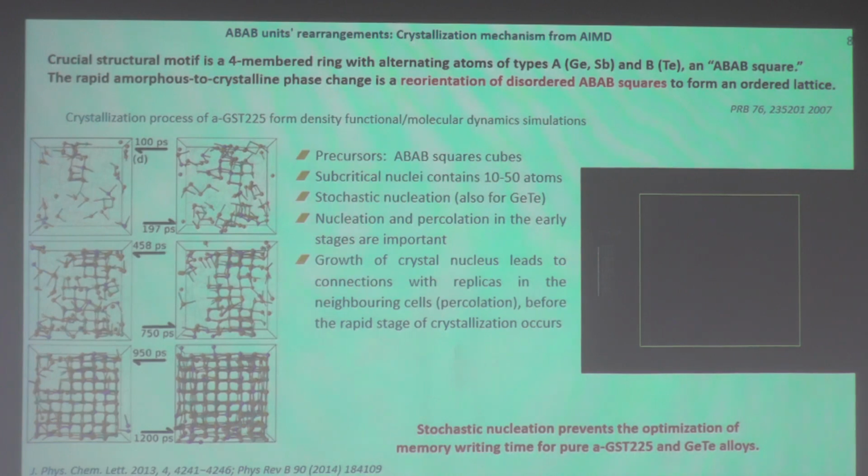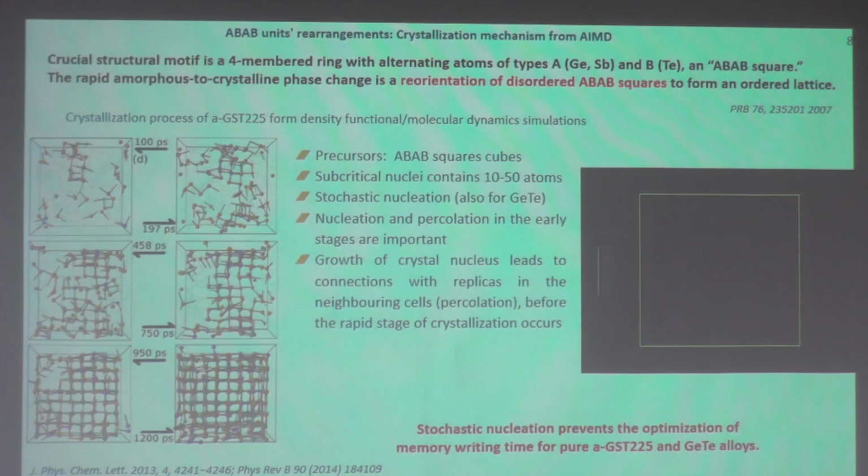It requires some time, so there is nucleation and percolation in the early stage. The system can form a nucleus and then go back, but if a stable nucleus has been formed, then the system can start to crystallize, on picosecond scales.